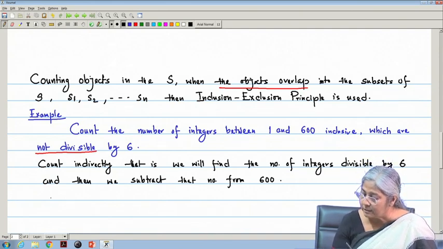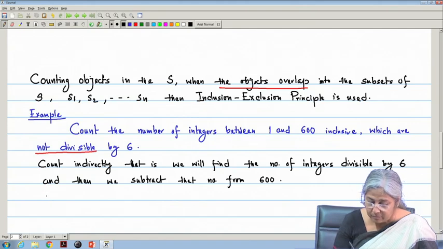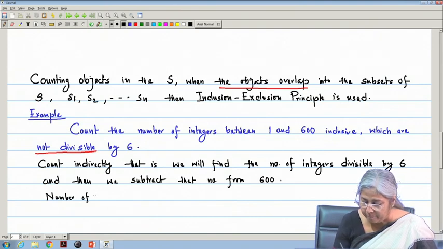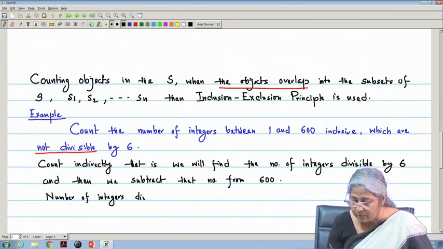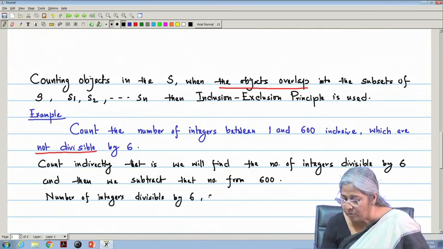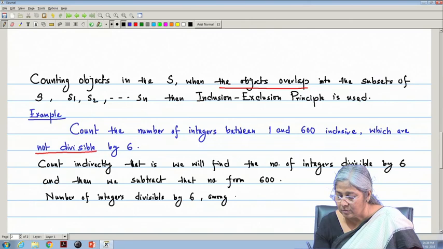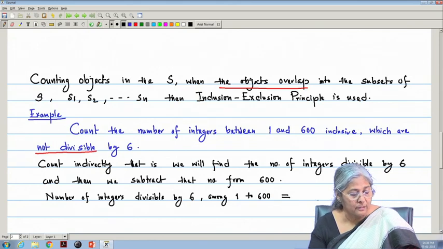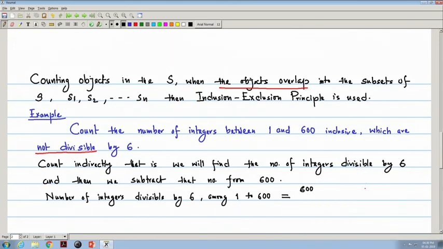So, what are the numbers that are divisible by 6? The number of integers divisible by 6 among 1 to 600 is simply 600 by 6, equal to 100. So, there are 100 integers among 1 to 600 that are divisible by 6.